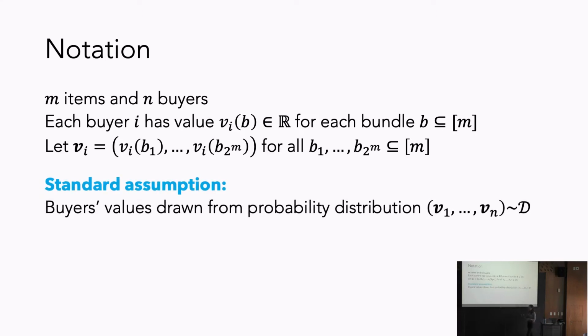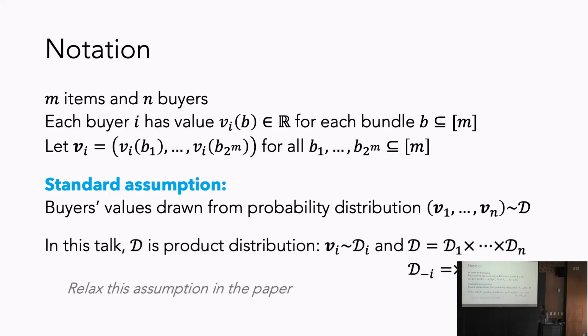And we're going to make a standard assumption, which I've alluded to already, that the buyers' values are drawn from some distribution. So this tuple of vectors, bidder 1's values up to bidder n's values, is drawn from some distribution D. In this talk, we're going to assume that D is a product distribution. In particular, each bidder i's values are drawn from some distribution D_i, and this distribution D is the cross product of those n distributions.